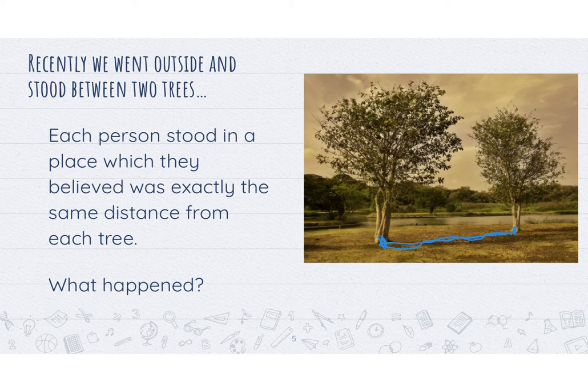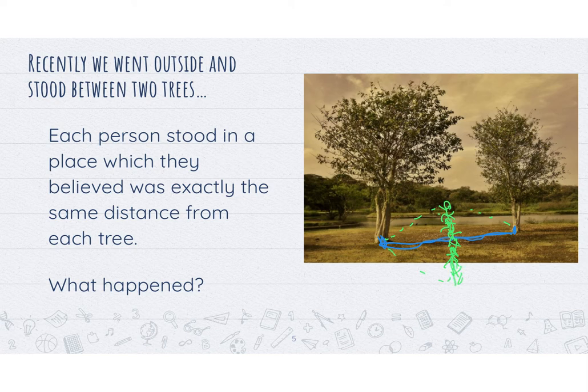And so each person that was outside with us was asked to find a place to stand that was exactly the same distance from each tree. So the first person, if they were smart, hopped in and they took the spot right between the two trees, because that's pretty easy to figure out. And then everybody else had to fill in. So we had people up here and here, and they were picking spots that were about the same distance from each, doing their best to estimate where that was from each tree.